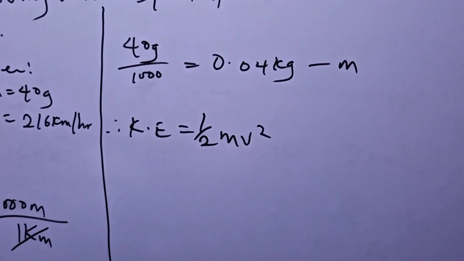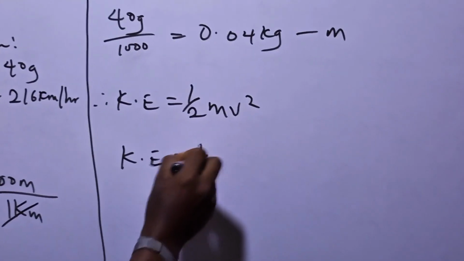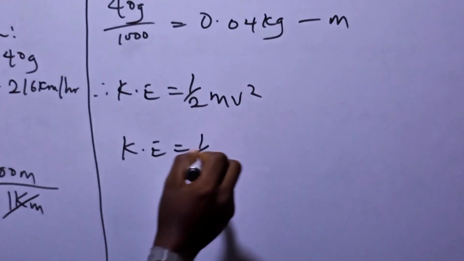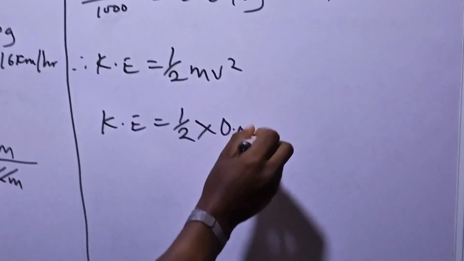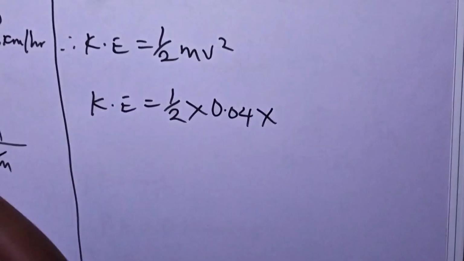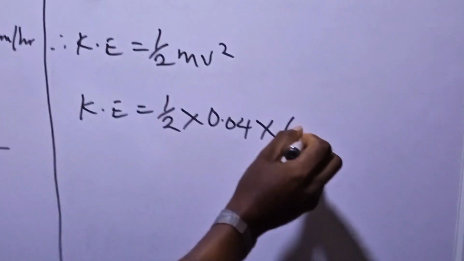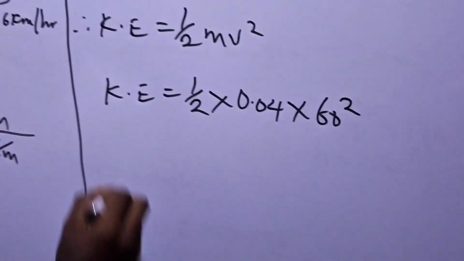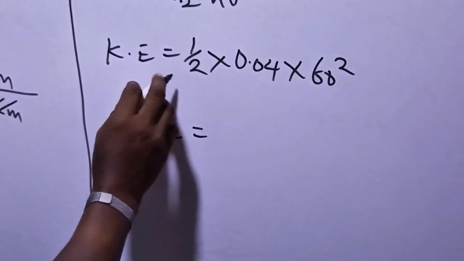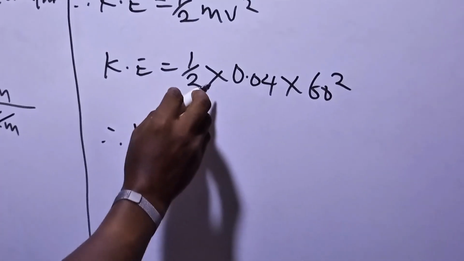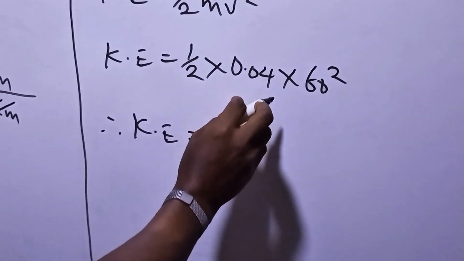If we substitute the values, we will have KE equal to 1 over 2, which is half, multiplied by the mass, which is 0.04, multiplied by the velocity, which is 60 square.